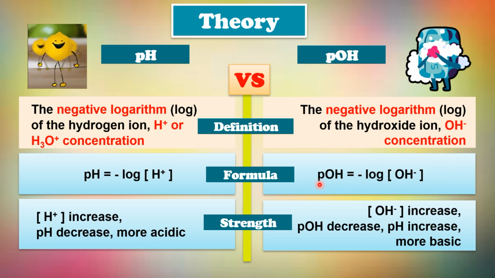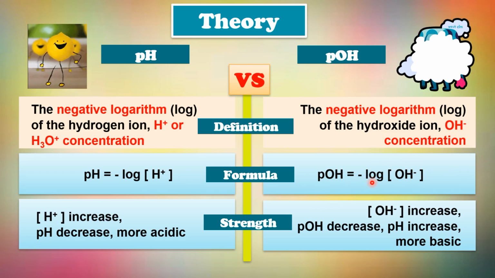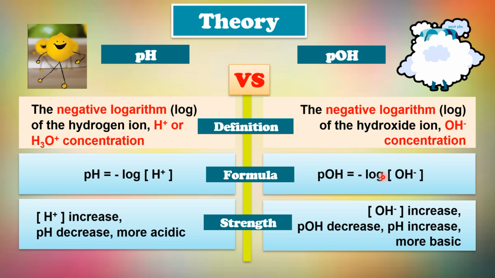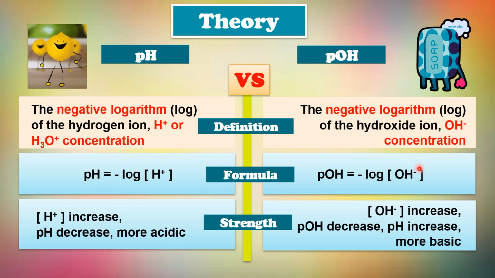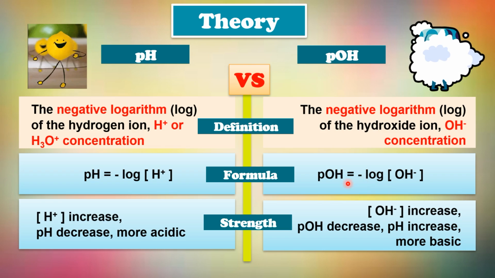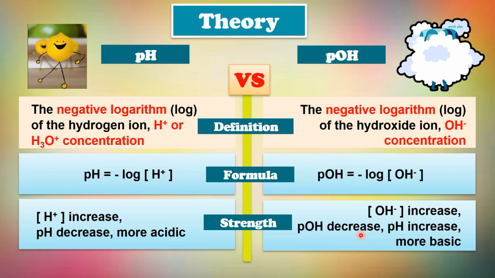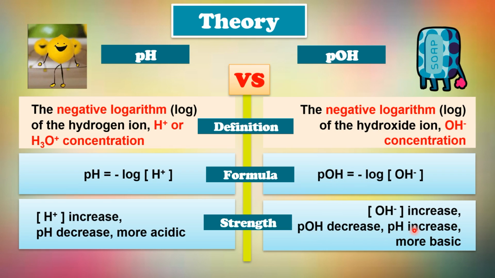Remember, P stands for negative log. The same thing goes here. When the concentration of OH minus increases, when we log a large value, the pOH becomes lower. So pOH decreases and pH will increase, so the solution is more basic.